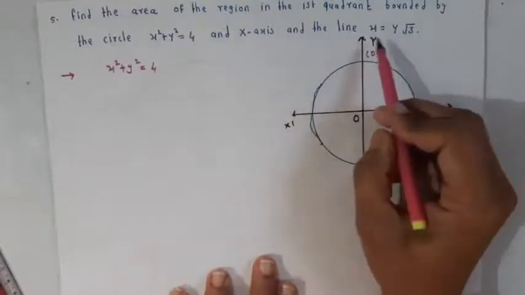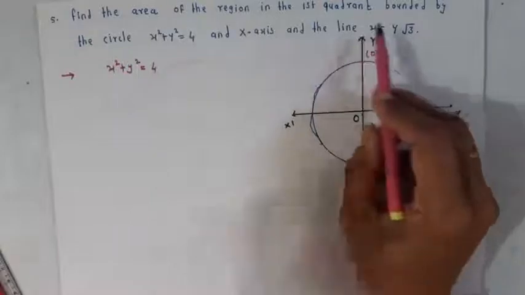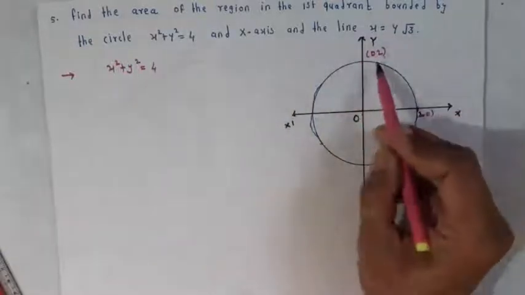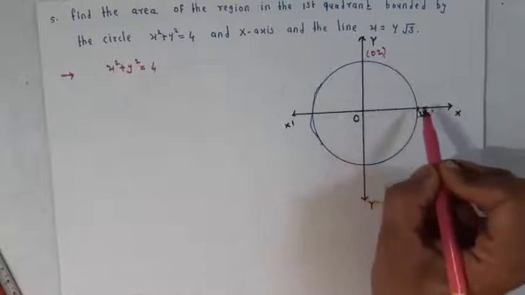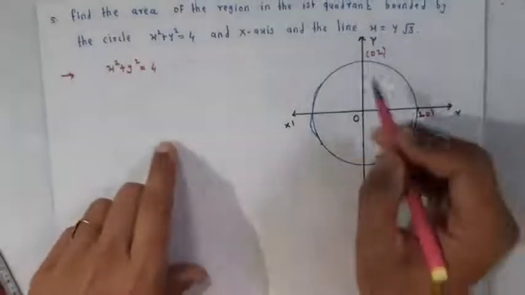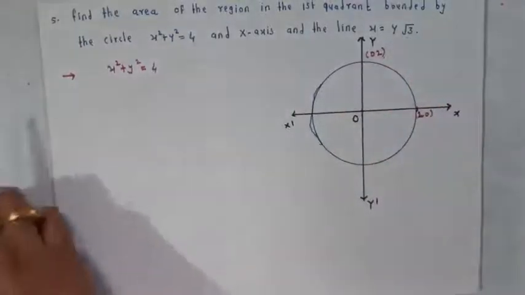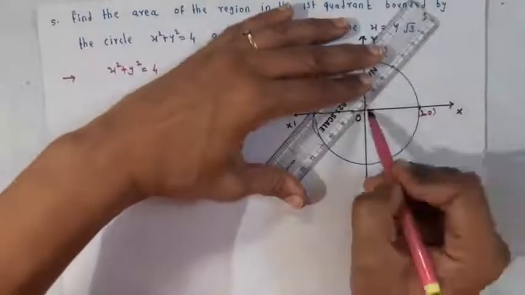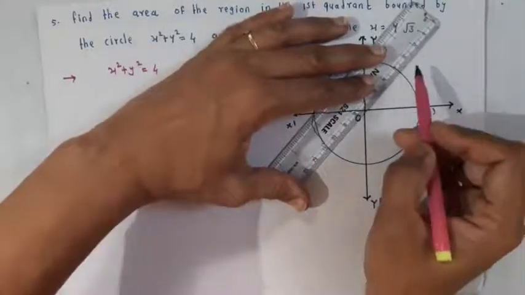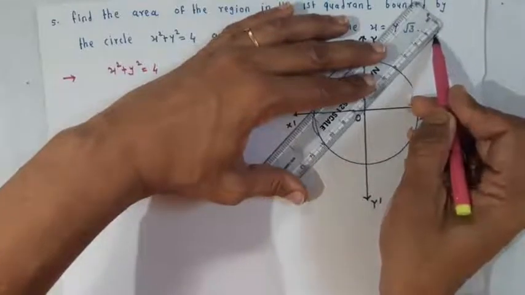But we have to find out the area of the region in the first quadrant bounded by the circle, the x-axis, and the line x equal to y root 3. Now draw this line. The line is passing through the origin.